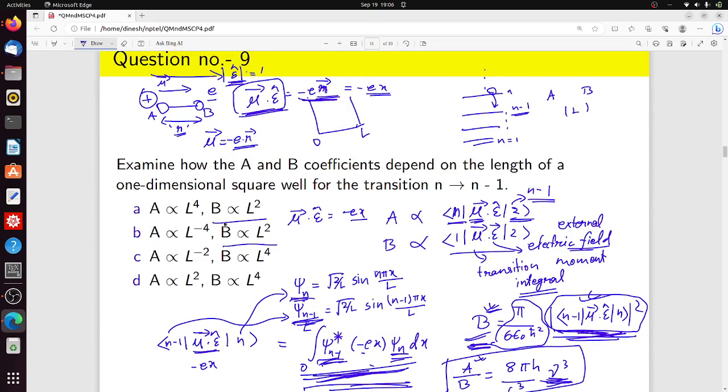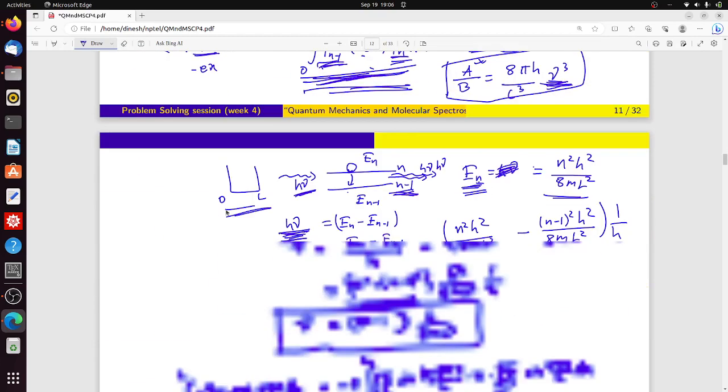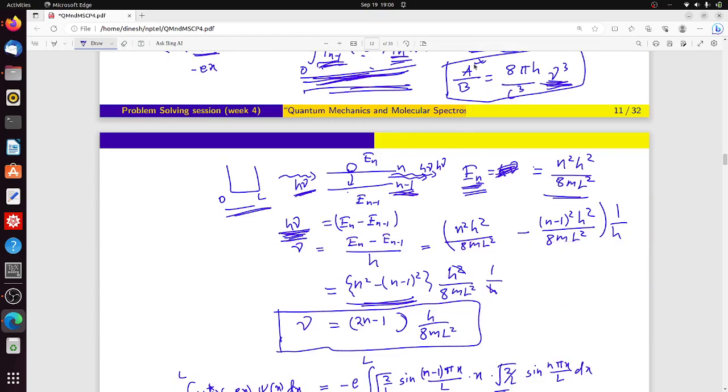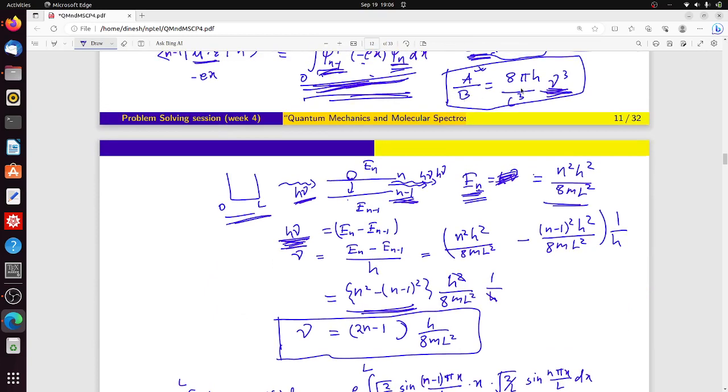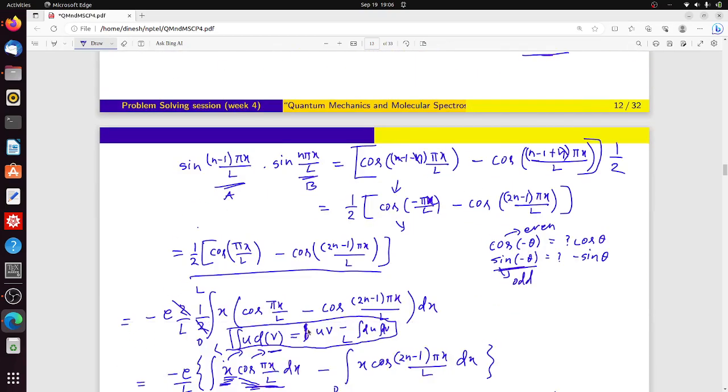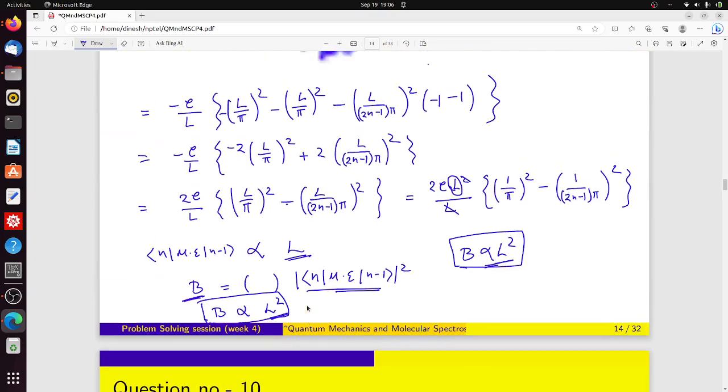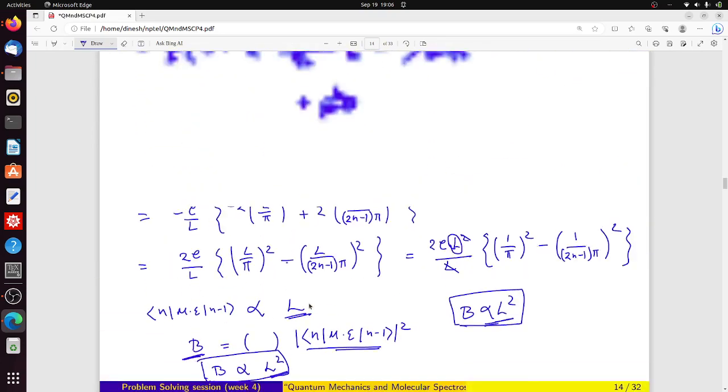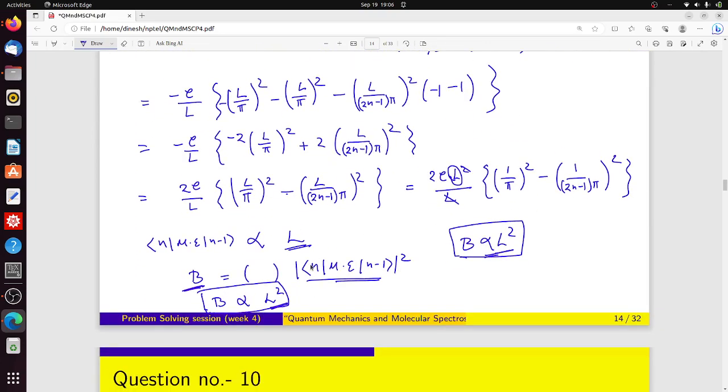There are two options now. Then we have to solve for A also. What is the relation between A and B? A by B equal to 8 pi h over c cubed times nu cubed, and we already got what nu is here. So let's put it in.